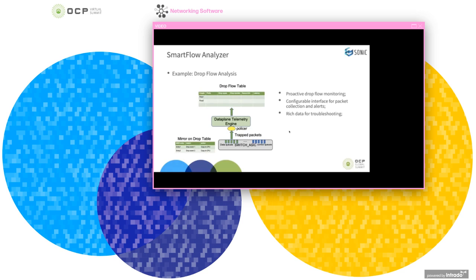The telemetry application can perform proactive drop flow monitoring and analysis and maintain a detailed drop reason for each of the flows. Those applications also provide a configurable interface for packet collection and alerts, giving a rich data set for network troubleshooting and monitoring packet drop activities.